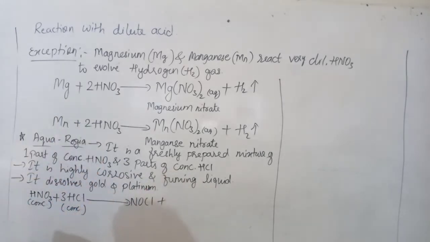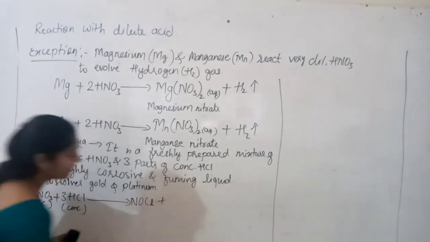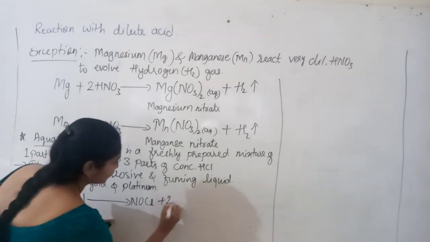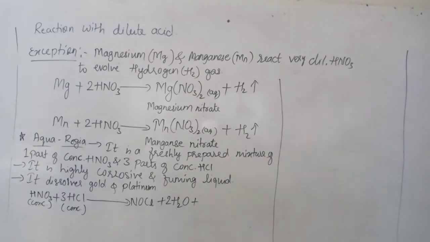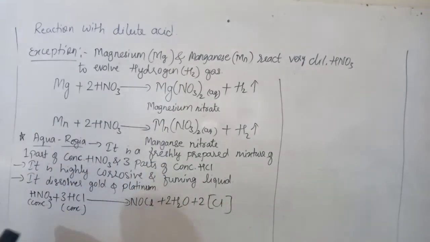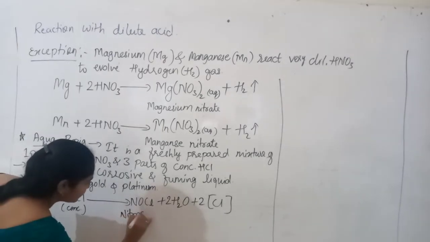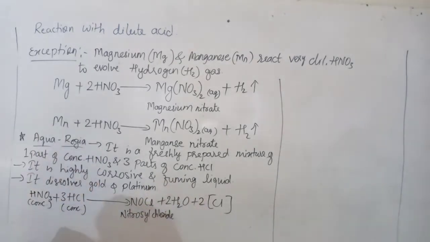So don't get confused here, it is NOCl plus 2H2O plus the chlorine. Here NOCl is nitrosyl chloride. We are going to write nitrosyl chloride.